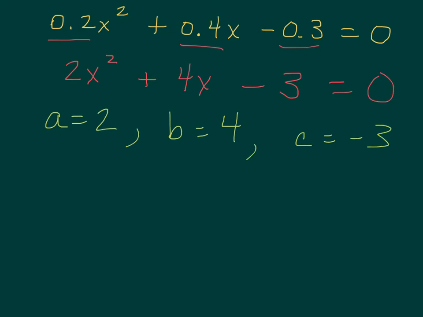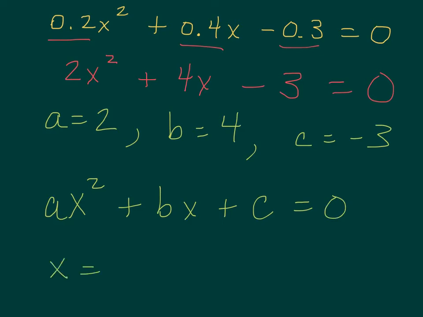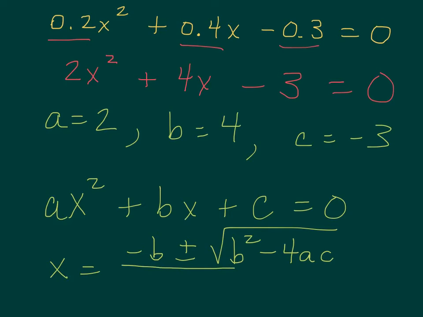So the quadratic formula says that when ax squared plus bx plus c equals 0, then x is equal to the opposite of b plus or minus the square root of b squared minus 4ac all over 2a.